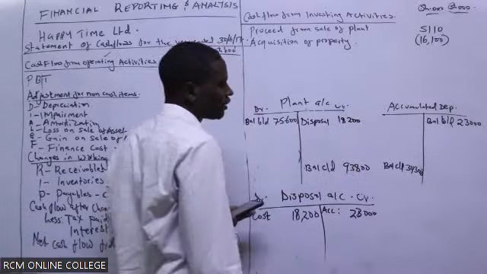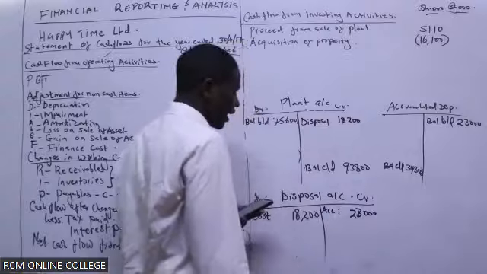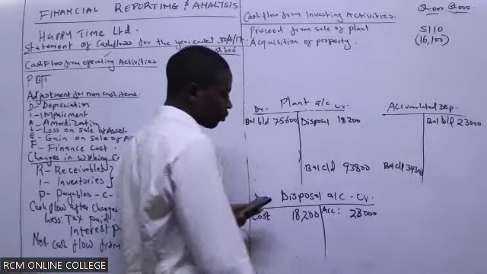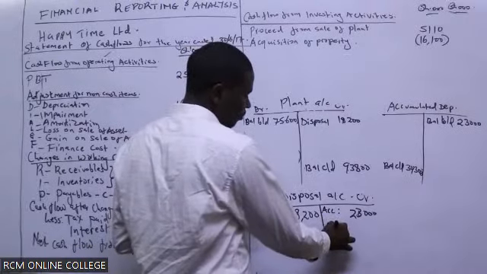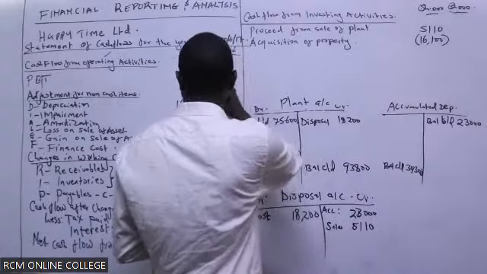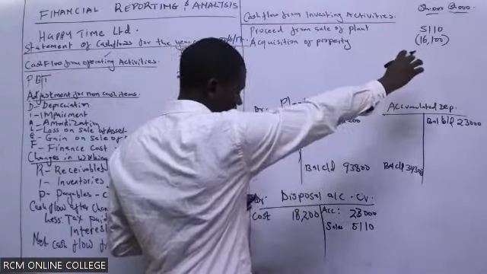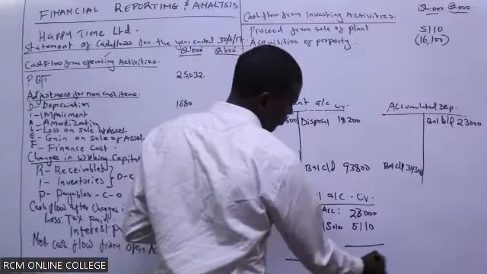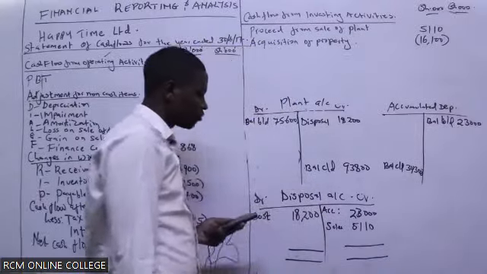The cost was 18,200. You ask yourself, from our disposal to dispose nini? 5110. Ndio ile 5110. So you balance your disposal account.